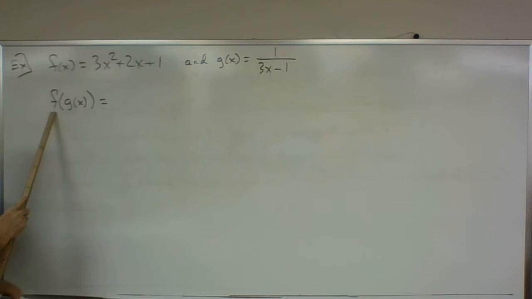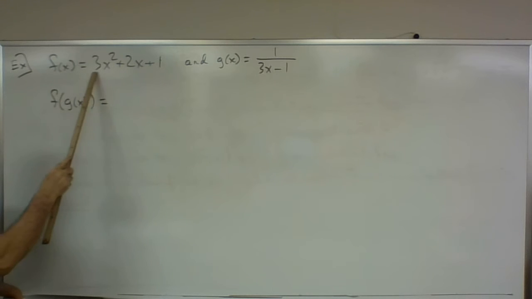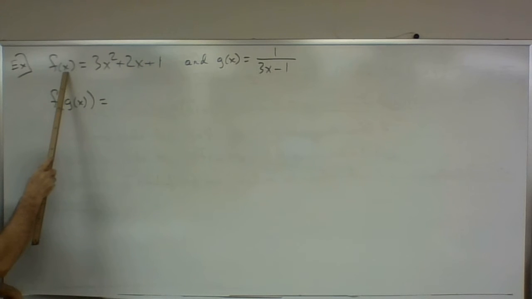So to determine how we compute this or how we understand this, we look at the definition of f. And here we have the definition of f evaluated at x.